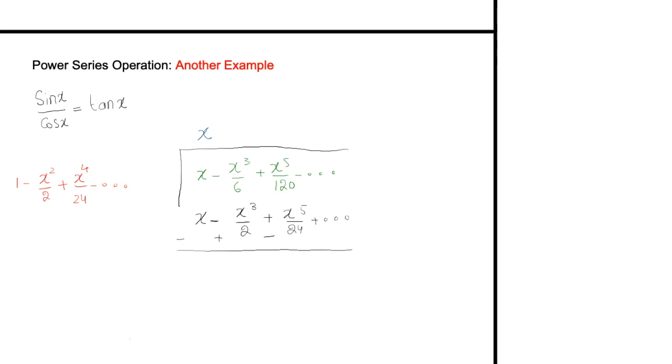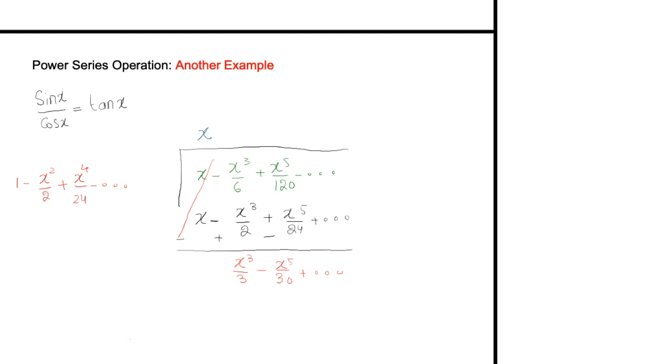So the first term will cancel out, and we will be left with this term, which, if these are added together, will be x cubed by 3 minus, similarly we can add these two terms, so x5 by 30 and so on.